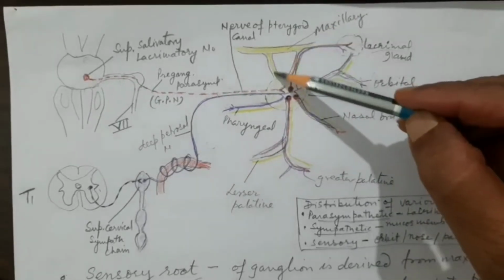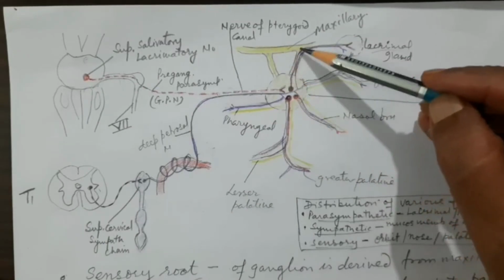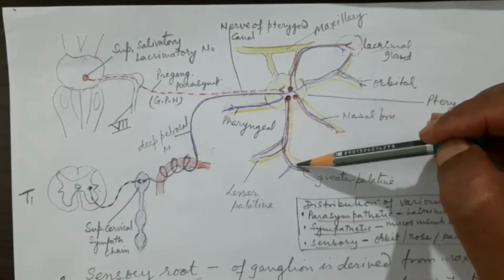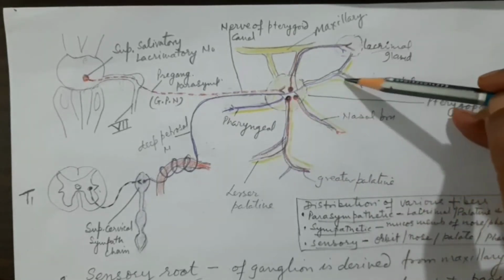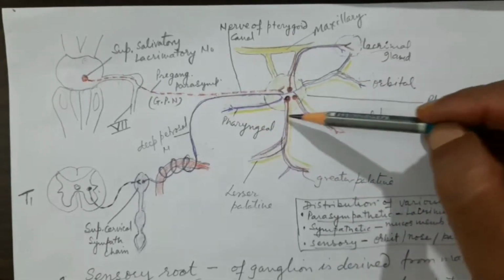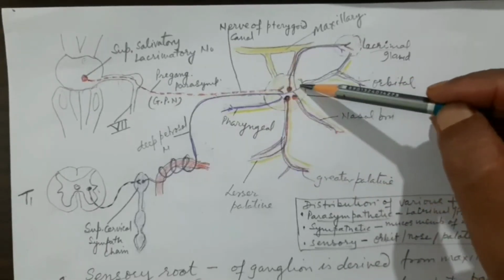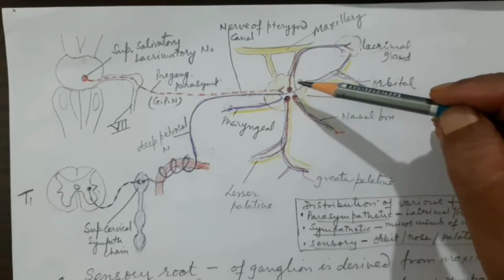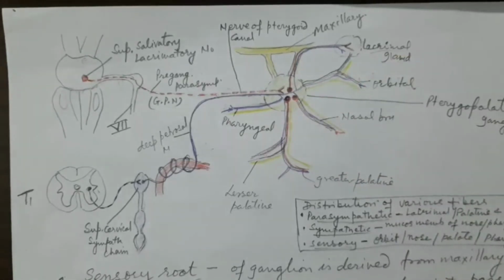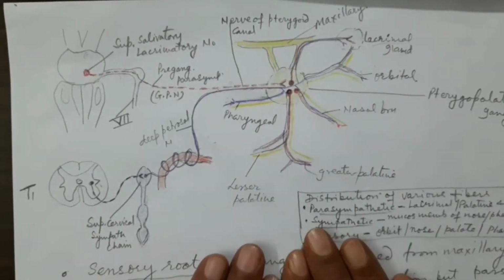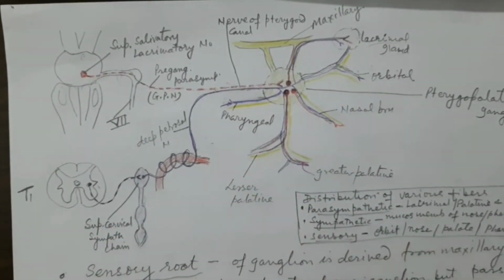You can see that this is the maxillary nerve which gives this sensory root, and these yellow fibers are just passing to the various branches of the ganglion without relaying here. I said that the relay station is only for parasympathetic nerve fibers. So these are the three different routes: parasympathetic, sympathetic, and the sensory route.